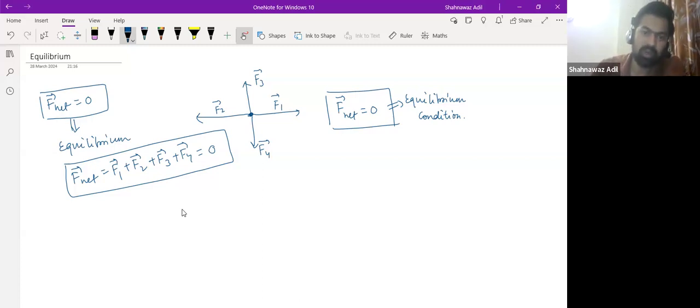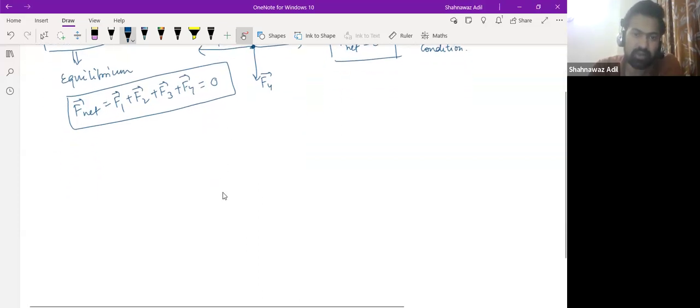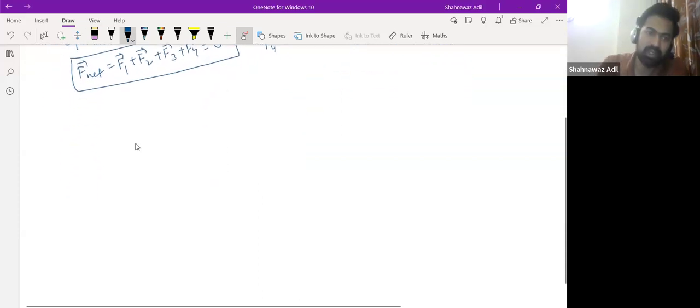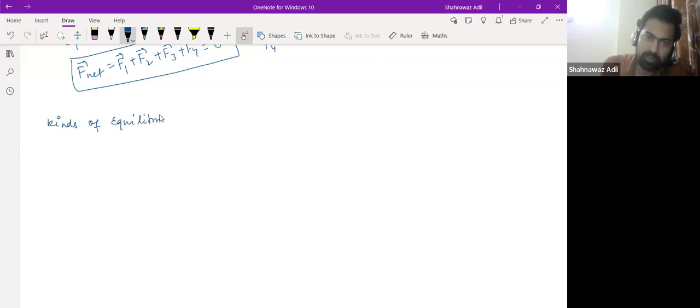So this is what we call equilibrium. But in electrostatics, we have two kinds of equilibrium, right? Right.